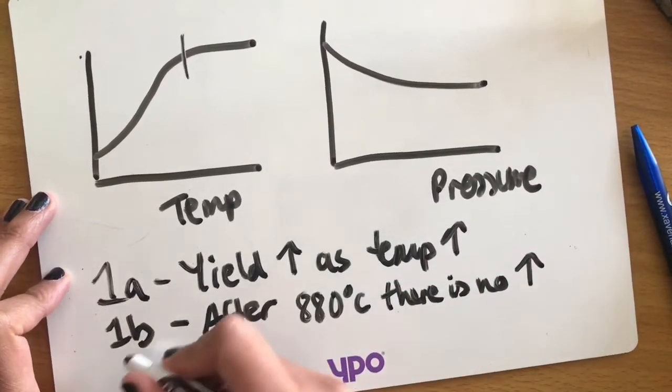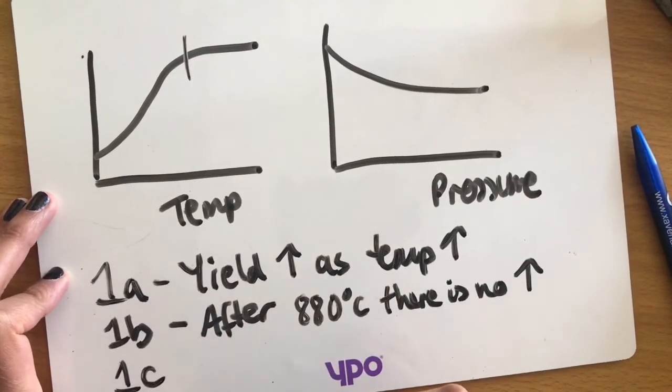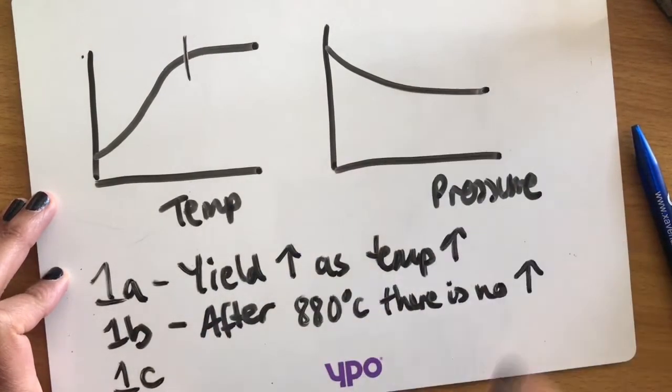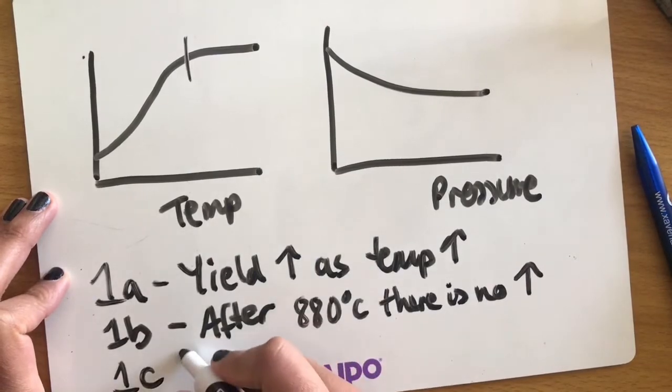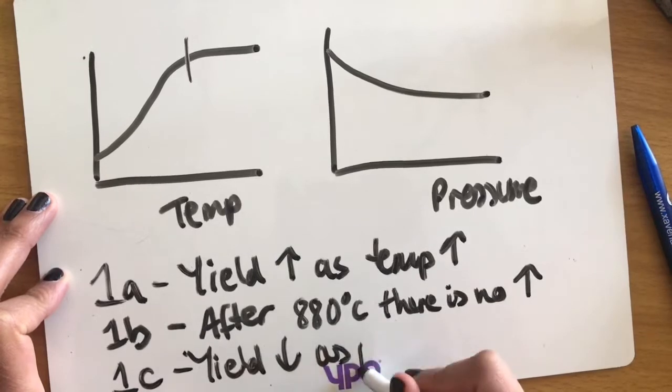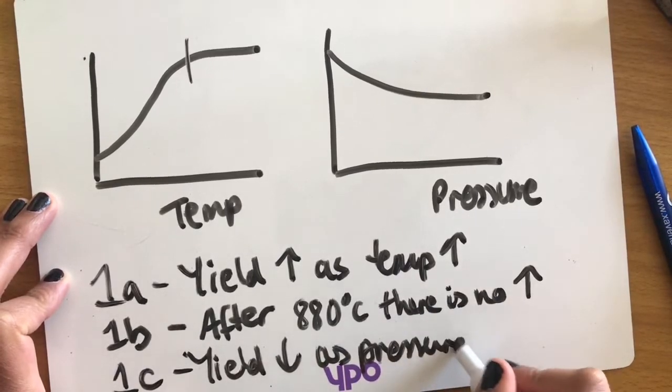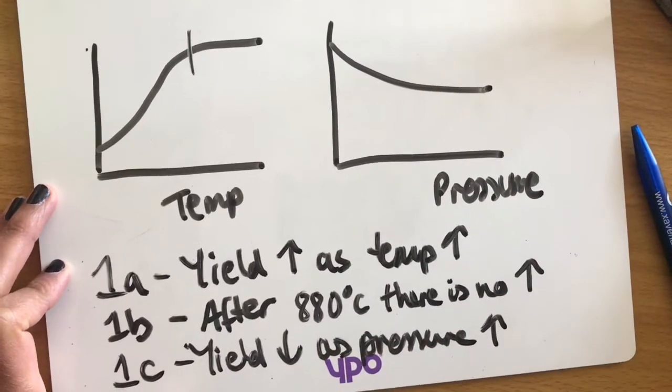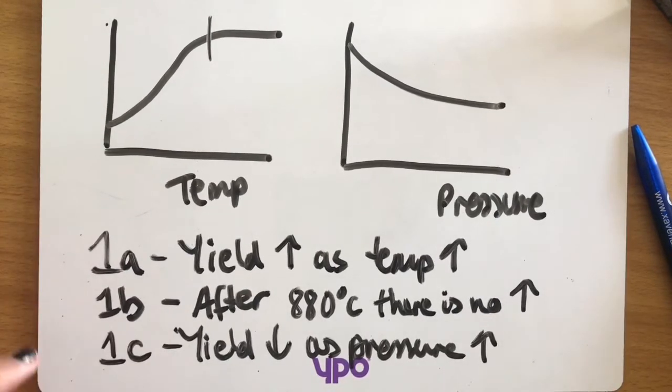So that's 1B. 1C, looking at the pressure graph, the yield decreases as pressure increases. So these are your 3 marks then for stage 1.